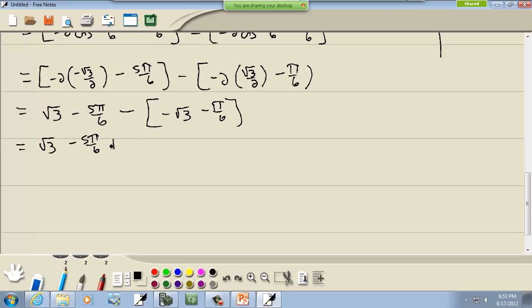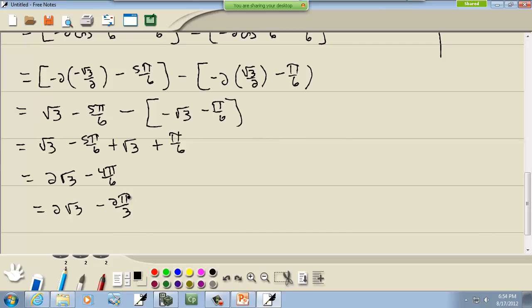Negative flips the sign of both of those, so that becomes plus square root of 3 plus pi over 6. That gives us 2 square root of 3. Negative 5 pi over 6 plus pi over 6 gives us negative 4 pi over 6, which gives us 2 square root of 3 minus 2 pi over 3.